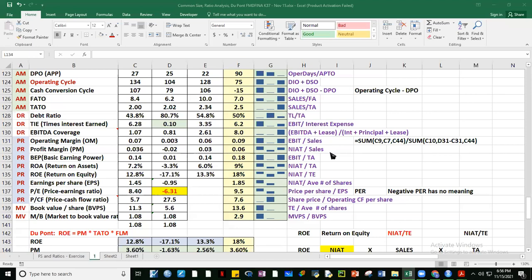Okay, thank you, guys. So looks like nakuha niyo naman yung debt ratio, times interest earned.